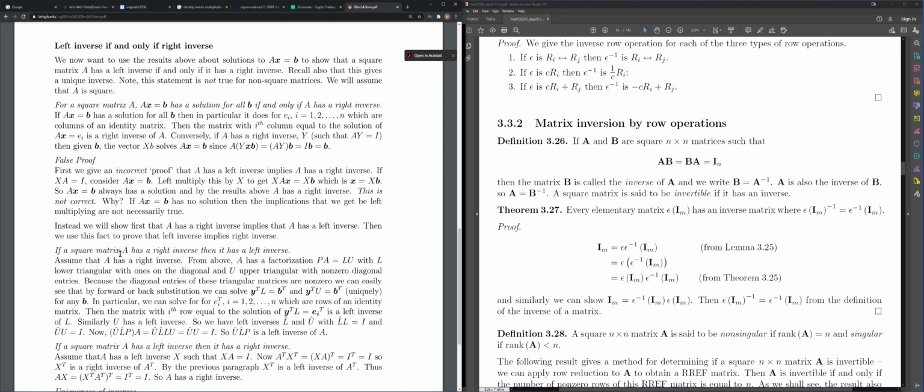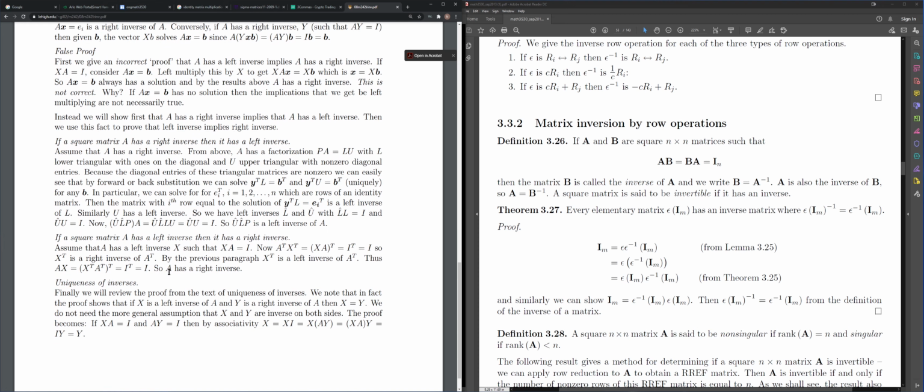And they say that if a square matrix has a right inverse, then it has a left inverse. So if it has a right inverse over here, then it would have a left inverse. And the inverses are in fact unique.